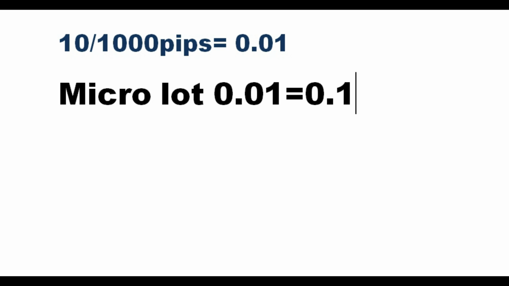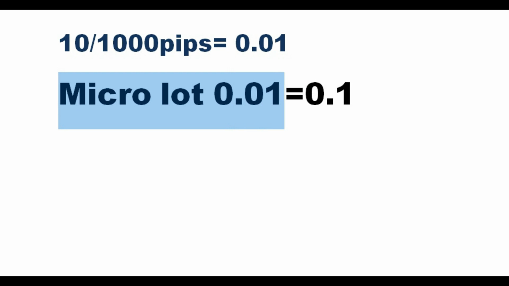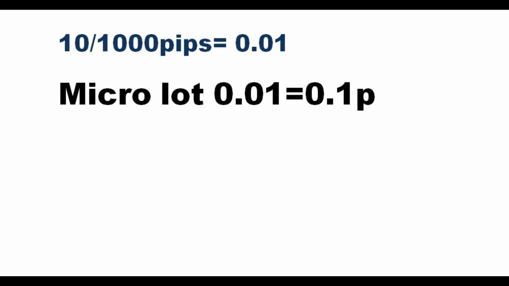If your pip is equivalent to 0.1, that means the correct lot size you need to apply is the micro lot, which is 0.01 on your MetaTrader 4 or MetaTrader 5 trading platform. You're going to be using 0.01 as your lot size, which means each pip value is going to be 0.1 per pip. You make a profit of 0.1 per pip, and you make a loss of 0.1 per pip.